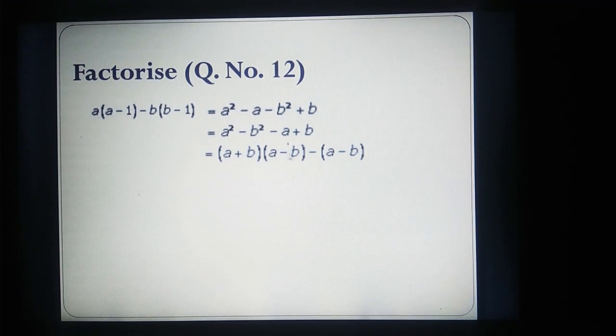Again if you see in these two, a minus b are common. So if I take a minus b as common, then I have a plus b left from here, and here since a minus b is gone, nothing is left, which means there is 1. So my factorization of this particular thing will be equal to this much. Pause the video to note down.